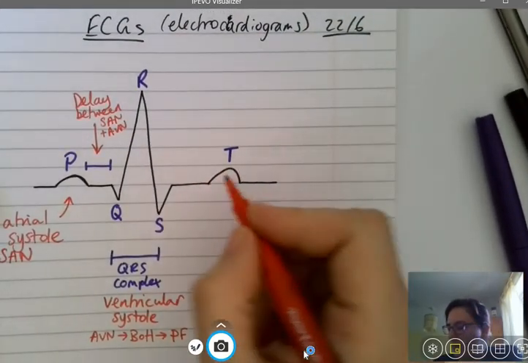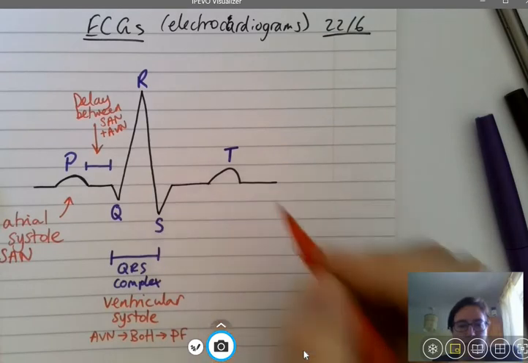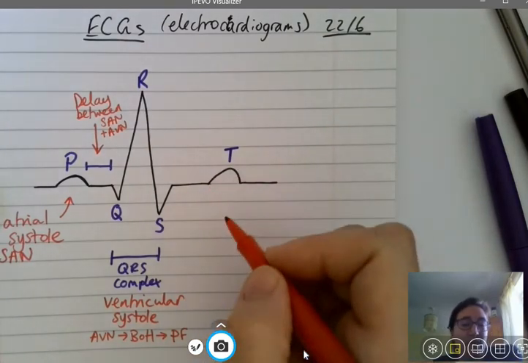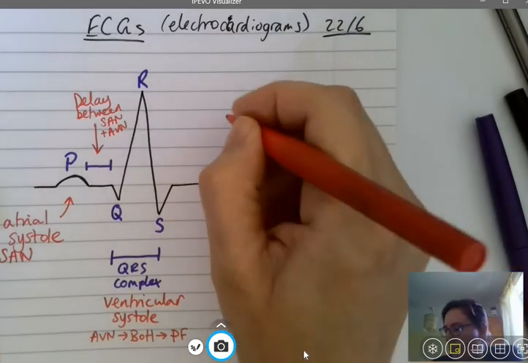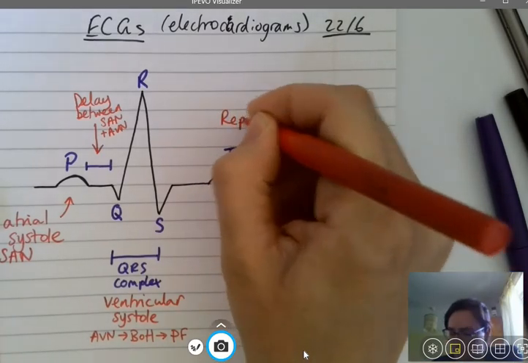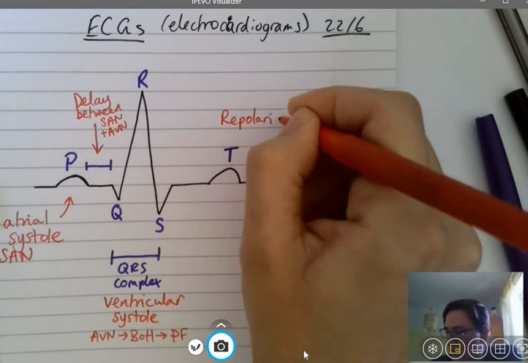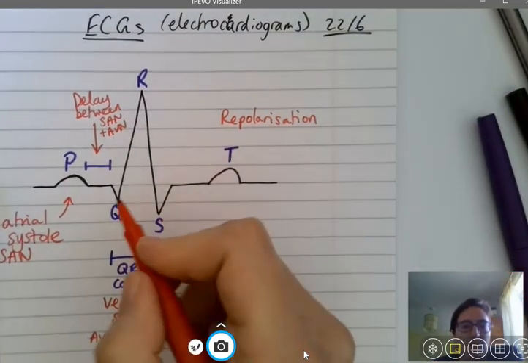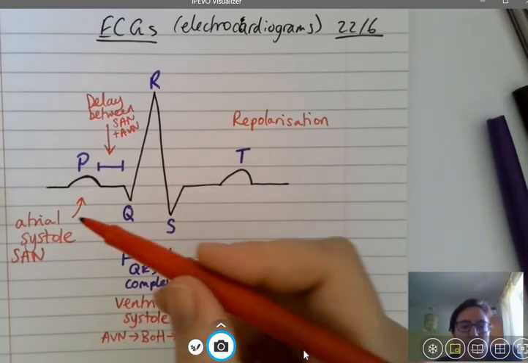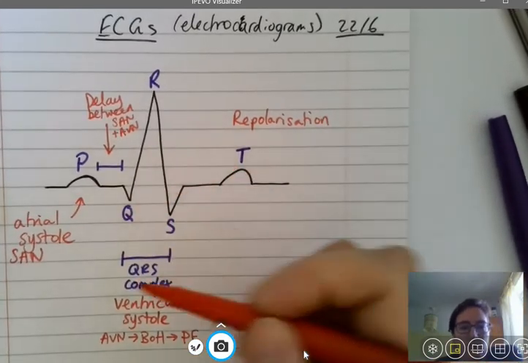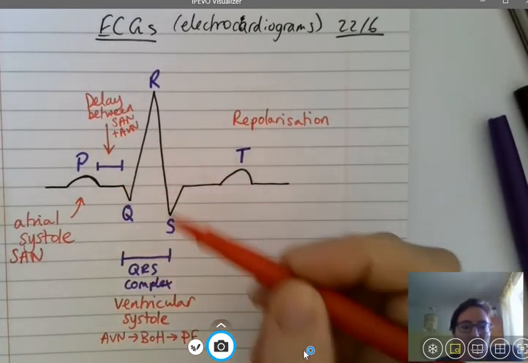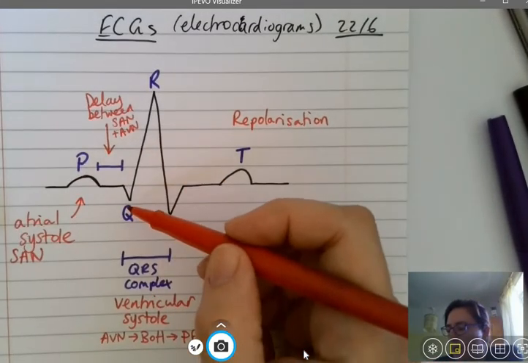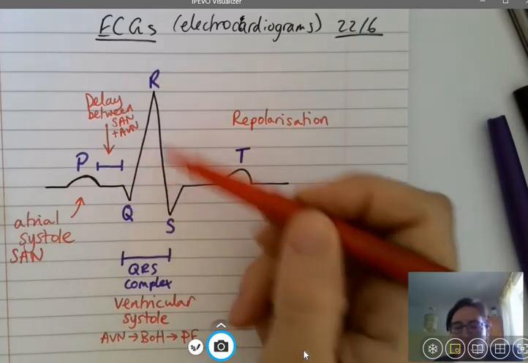And then the last section here, the T wave, this is where essentially it's a reset. This is where we have what we call repolarization. So whenever we have a signal within a nerve or within the heart electrical tissues, we call it a depolarization.